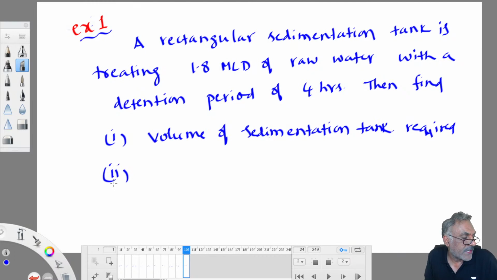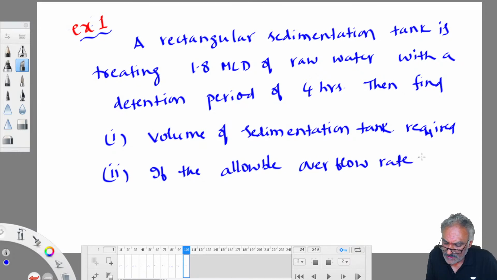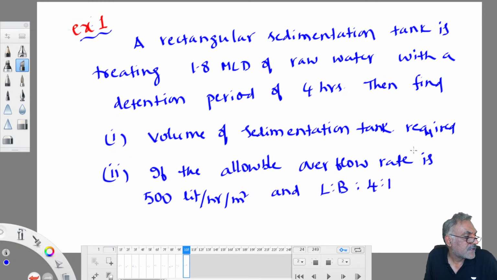If the allowable overflow rate is 500 liters per hour per meter square and the L to B ratio is 4:1, then the length required for the tank is?